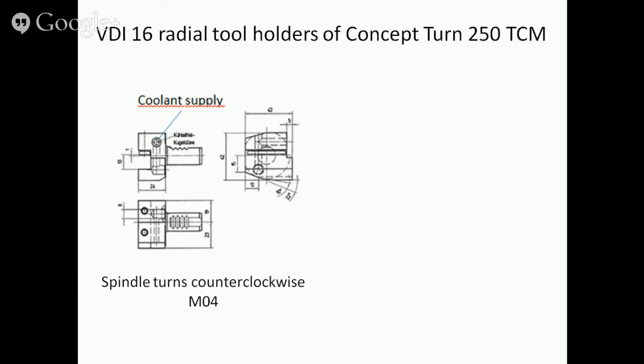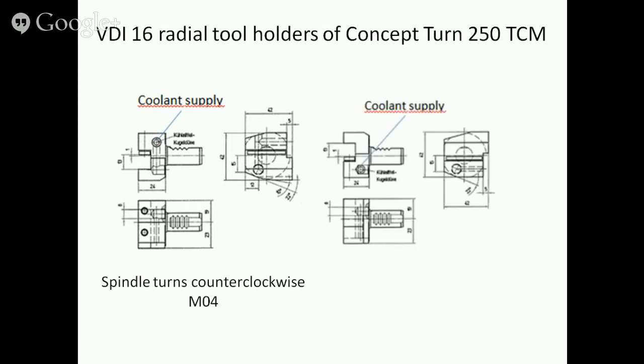FANUC T is the controller software installed at Concept Turn 250 TCM. The tool is clamped upside down. This tool holder is used when the spindle turns clockwise. The FANUC T symbol for clockwise rotation is M03. Both tool holders have adjustable coolant supply nozzles.